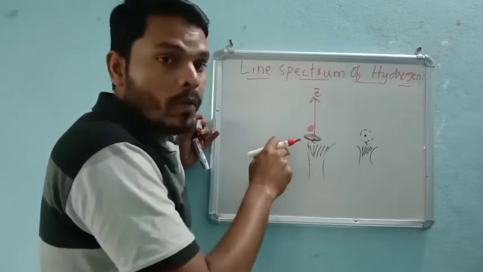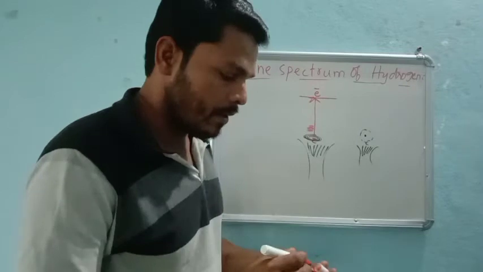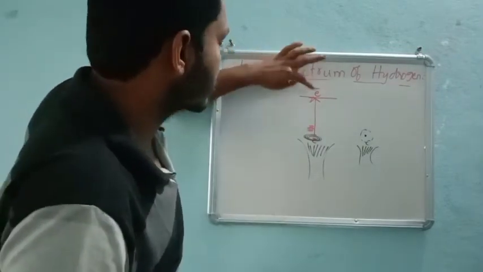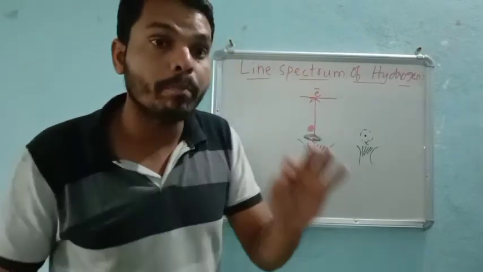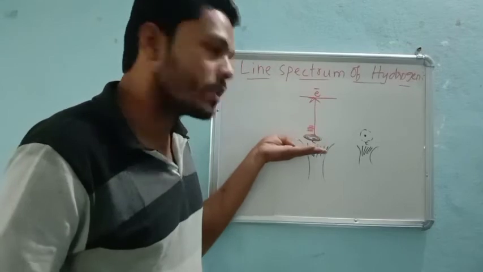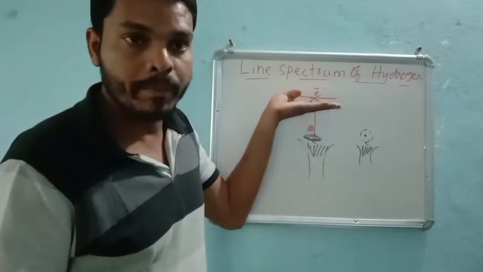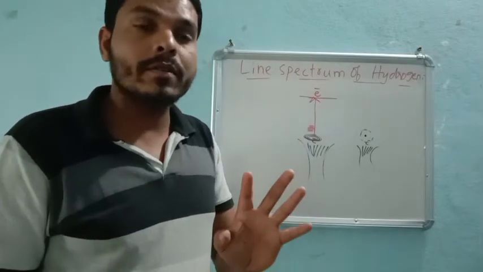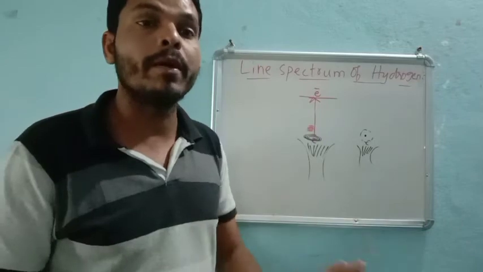This is the excited state of this electron, not the permanent state, right? We have just given some amount of energy, so that's why it has jumped over here. Once the energy is gained, it will not be stable.